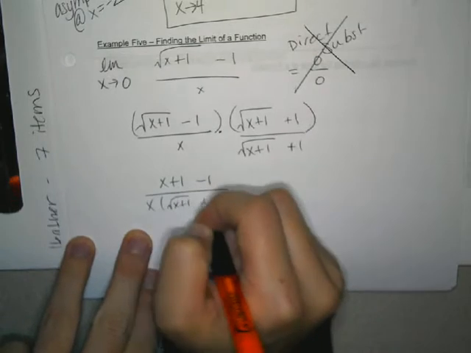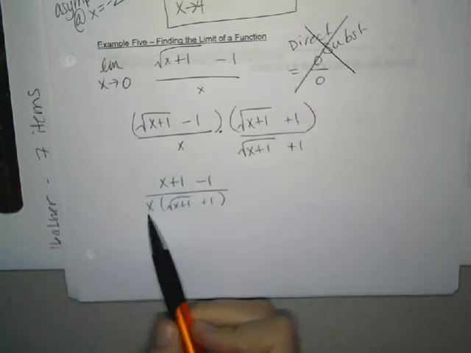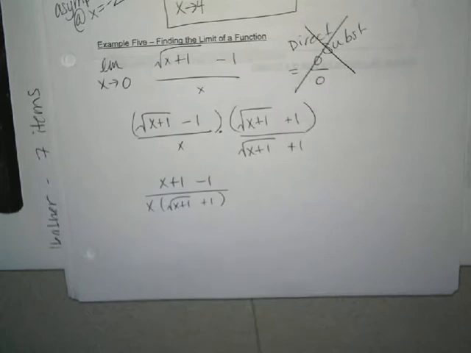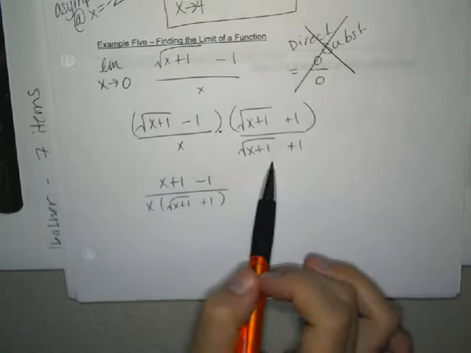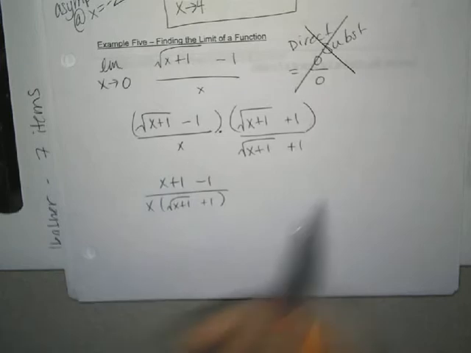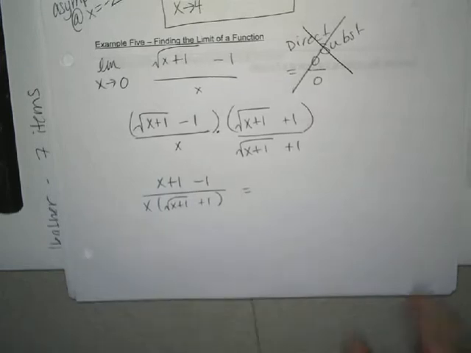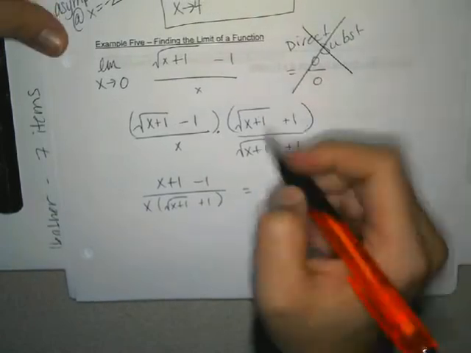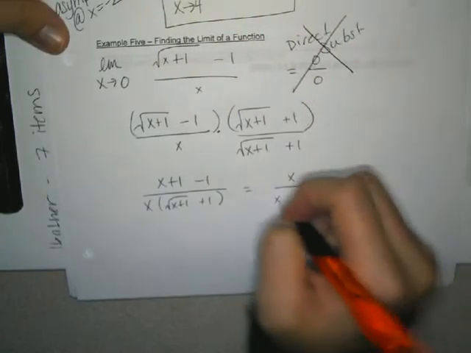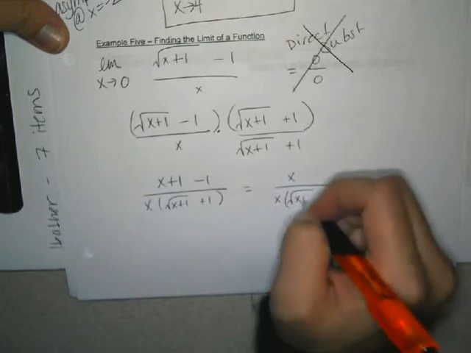Just leave the x outside and then group the other denominator. We're just showing that we're multiplying x and that denominator together. On the top, what happens? 1's cancel, and you're left with x over x times square root of x plus 1 plus 1.